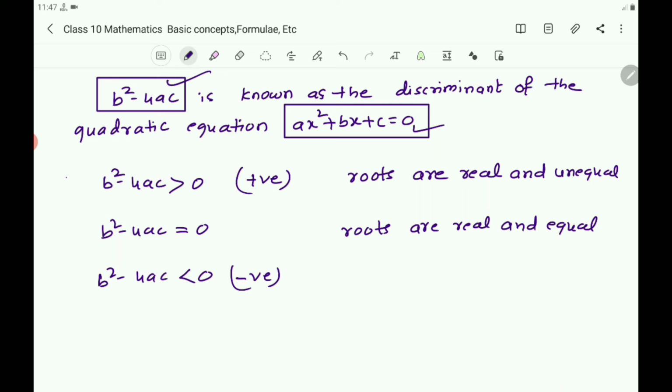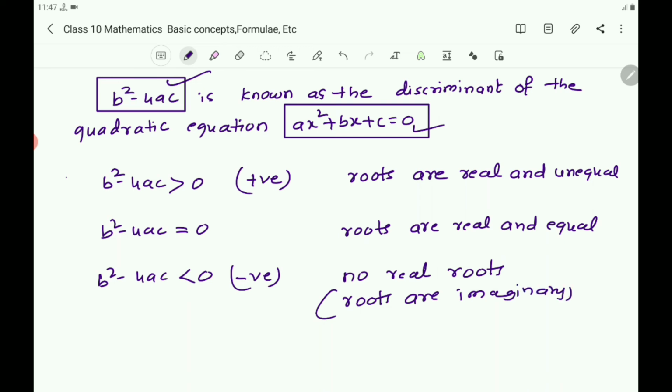If b square minus 4ac is lesser than 0, roots are not real, or you can say no real roots. No real roots means they are imaginary roots.